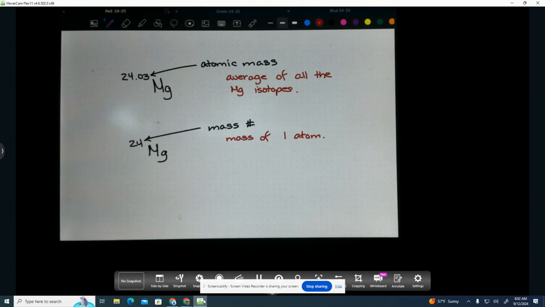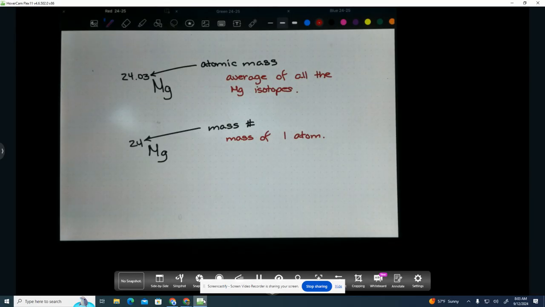But if I take all of their weights and divide it by how many people live in magnesium's house, I'm going to get an average mass of all the magnesiums. This mass number is the mass of one of the people. That's the difference. This is all the magnesium.